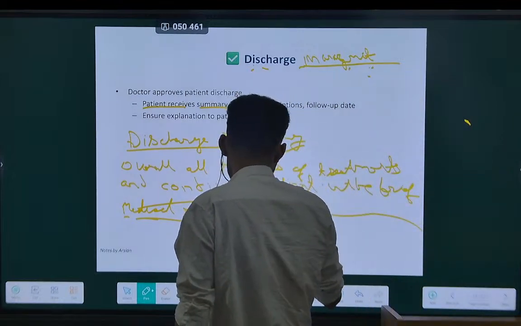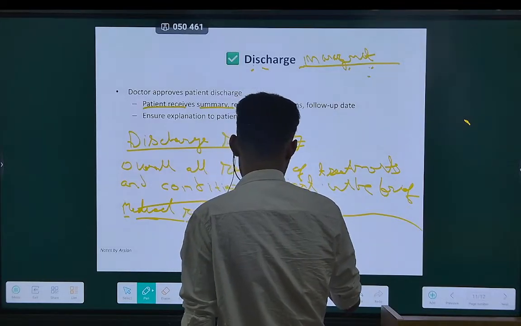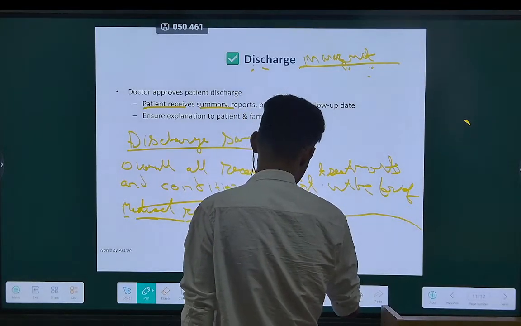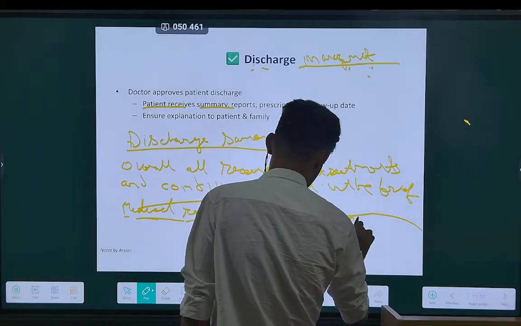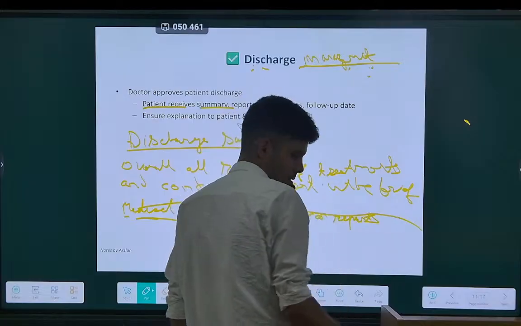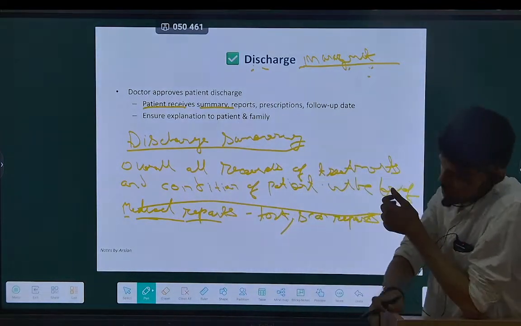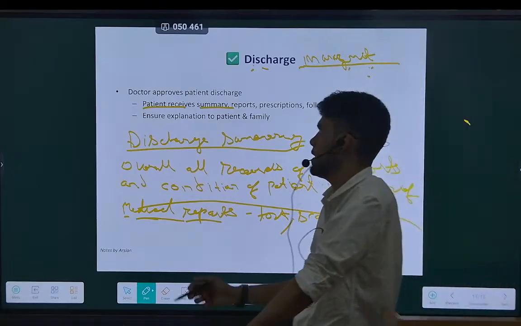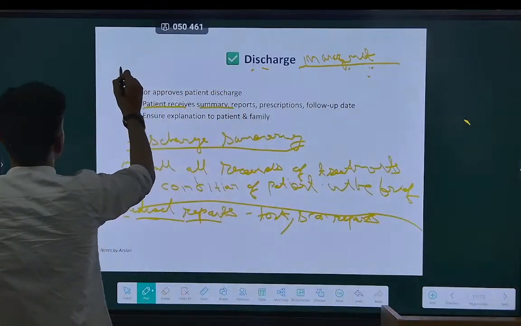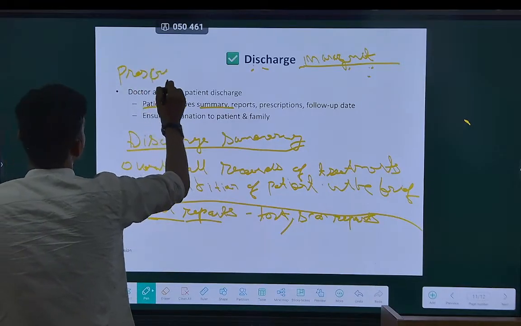Tests are there. What tests have been taken? Scan reports are there. So these are things in medical reports. The next thing which is there is prescriptions.